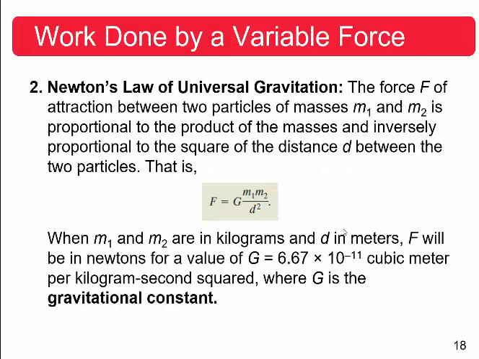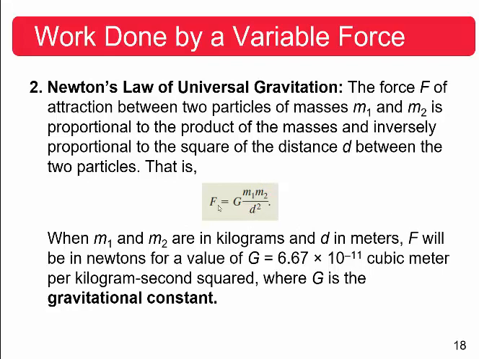So we have Newton's law of universal gravitation. The force F of attraction between two particles of masses m1 and m2 is proportional to the product of the masses and inversely proportional to the square of the distance between the two particles. That is the force of attraction between two particles of different masses. The masses are in kilograms and d, the distance, is in meters.